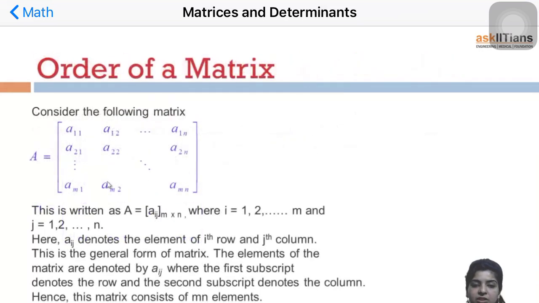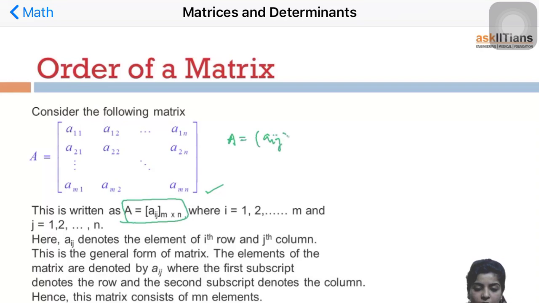So next we have the concept of order of a matrix. This is the most general form of matrix. We have discussed it right now: A11, A12, A1n, and so on, Am1, Am2, Amn. So this is generally denoted in this form, A equal to Aij.